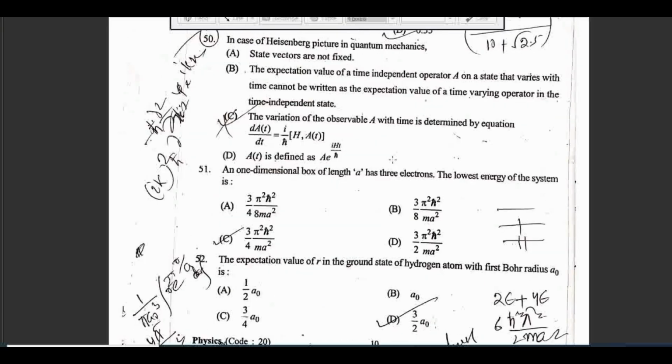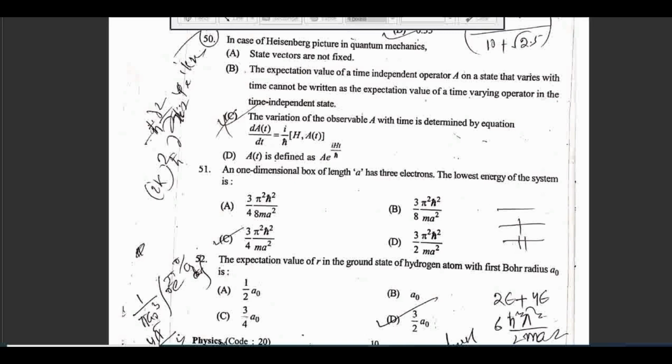It is given that a one-dimensional box of length a has 3 electrons, and we have to find the lowest energy of the system. How can you find it? With the help of the Pauli exclusion principle. According to the Pauli exclusion principle, you configure and place the electrons like this.